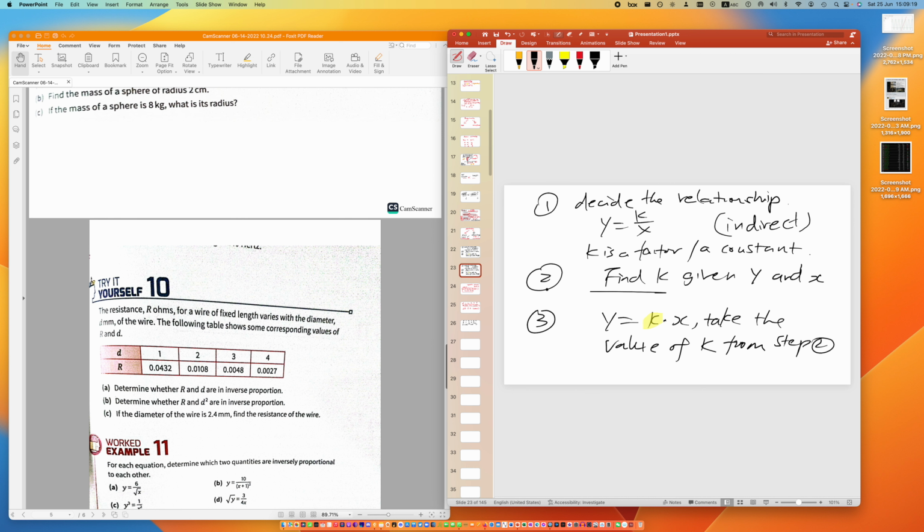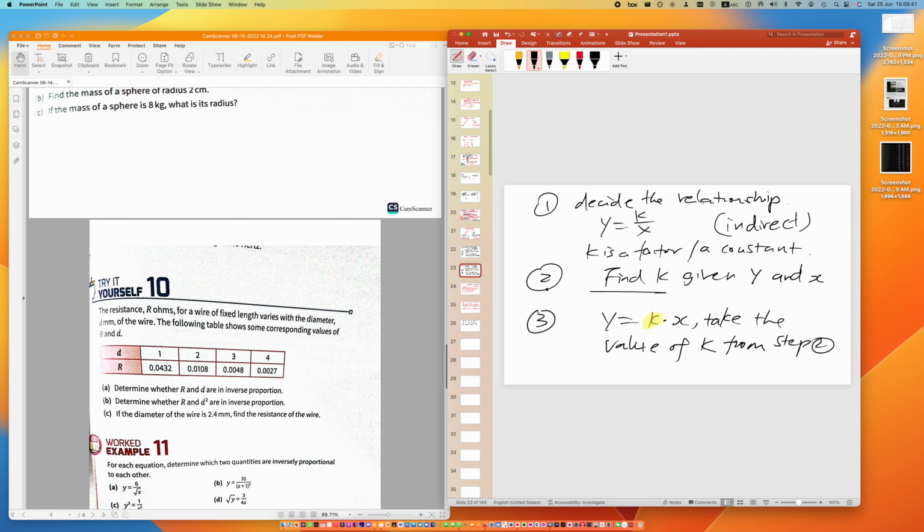So this is y equals k over x. In this example it should be R equals k over D. Yes, write it down, and in brackets, indirect.